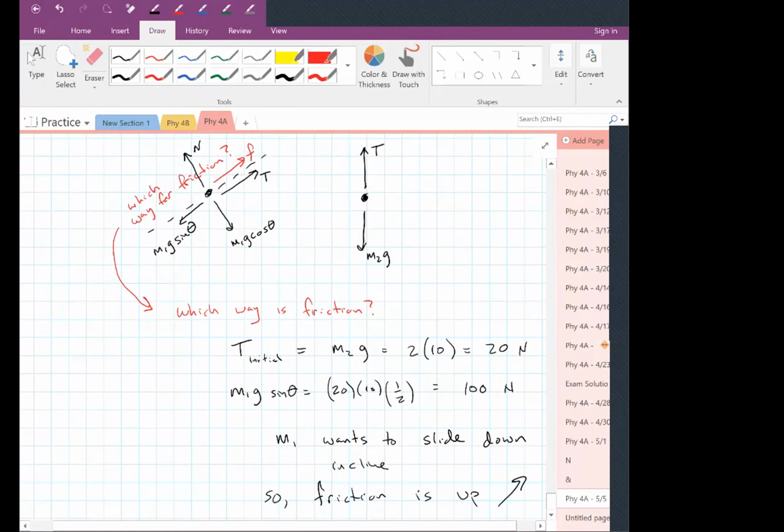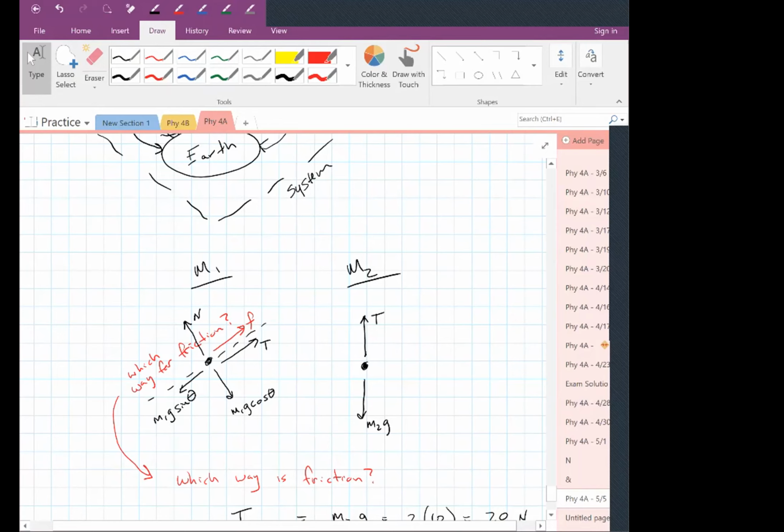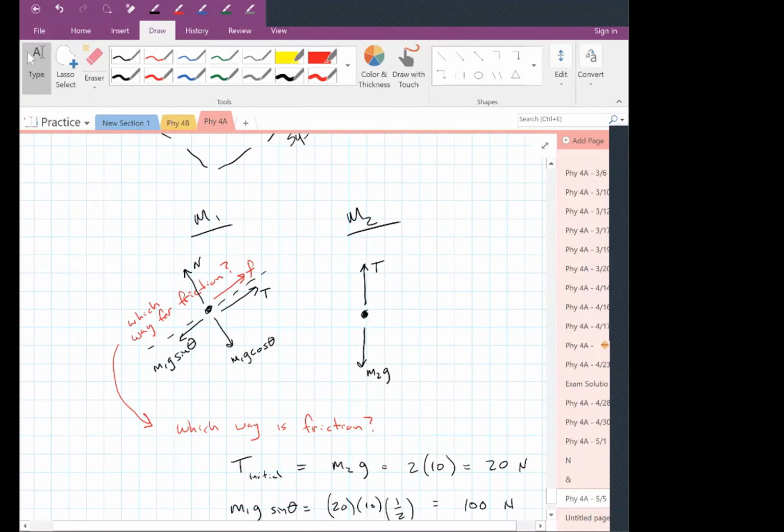I'm looking at the forces acting on M1, right? I know friction is acting on it somewhere, but before I figure out what direction friction is, I need to figure out what the remaining forces are trying to do to M1. So tension is trying to make M1 go up the incline. M1g sine theta is trying to make M1 go down the incline. So I want to see which one of those is winning the tug of war here on M1. If the tension is bigger, then M1 would want to go up the incline if there wasn't friction there.